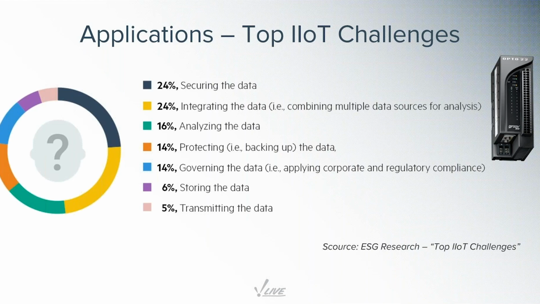Obviously, this is some research that was done on the top IIoT challenges. Securing the data continues to be one of the primary issues that people are trying to overcome. I think we've demonstrated how we can secure that data from the source of the sensor all the way through, encrypted and authenticated, to the software that needs to use it.